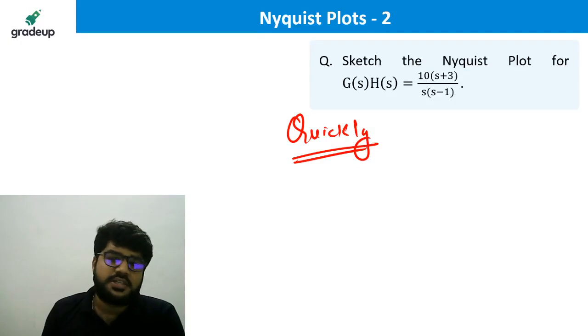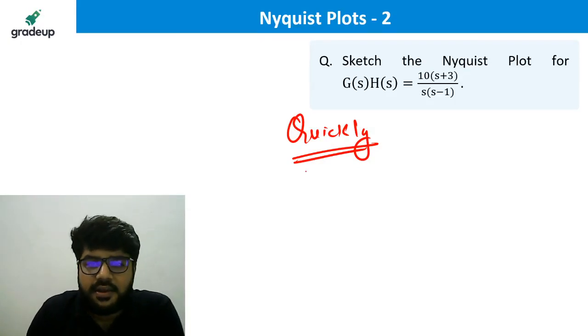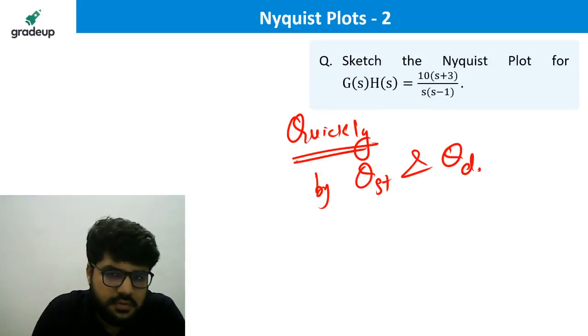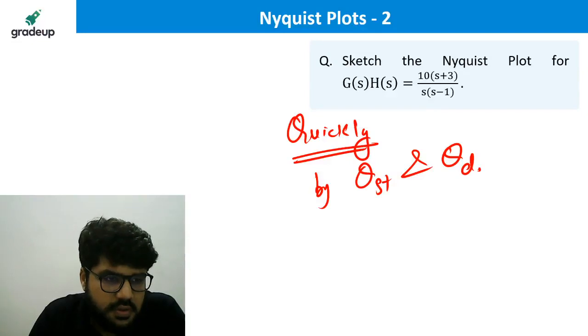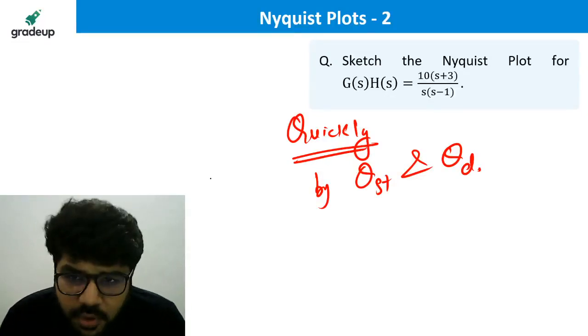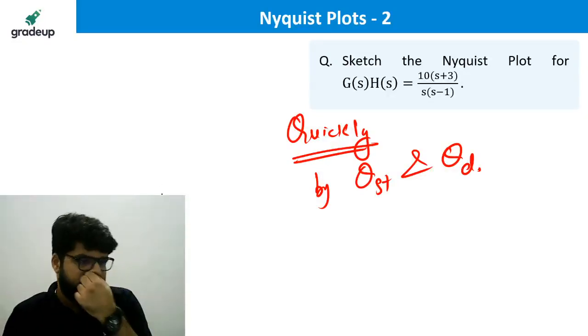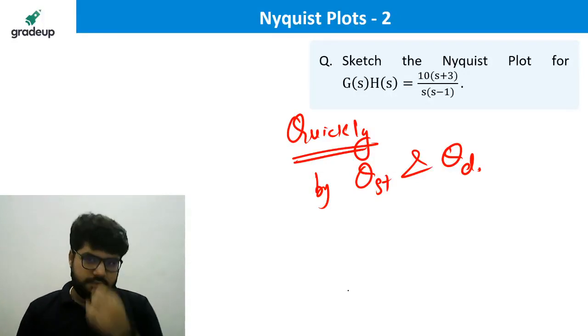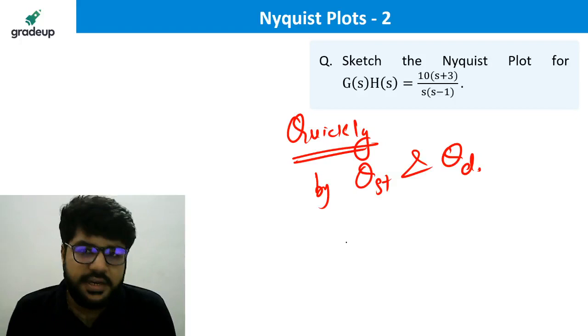Okay, quickly by theta start and theta diving. Just approximately I want, no need for the detailed calculation.